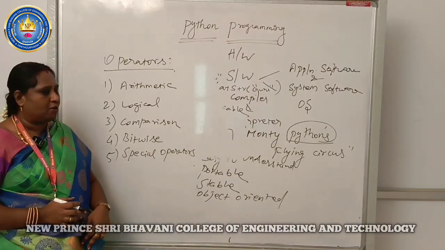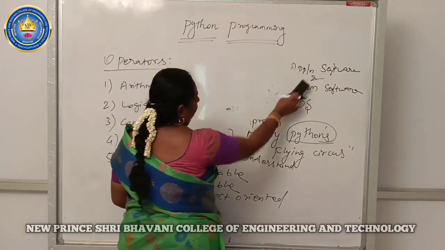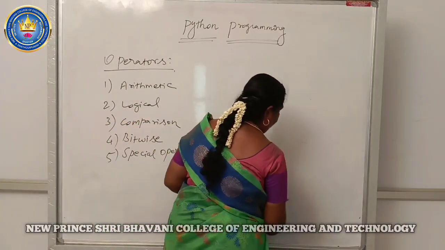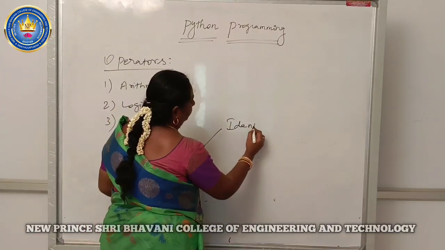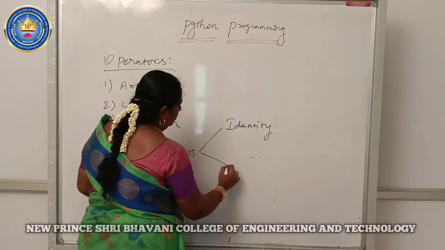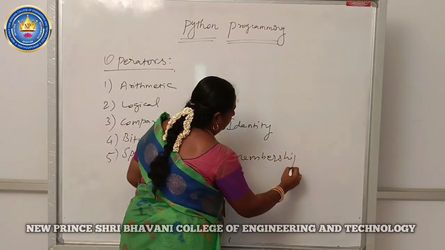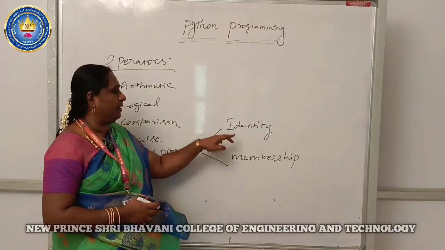And there are two special operators in Python. Number one, identity operator. Number two, membership operator. These two are very interesting, and they are exclusive to Python programming.